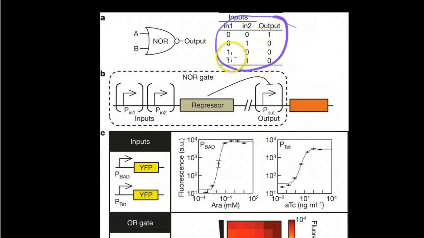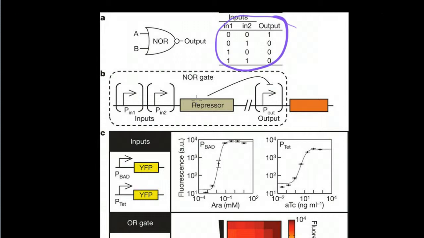So if both the inputs are on, the output is always off, and even if either input is on in a NOR gate, the output is also always off. Figure 1b is the genetic circuit of a NOR gate, which was something similar to what I depicted earlier.